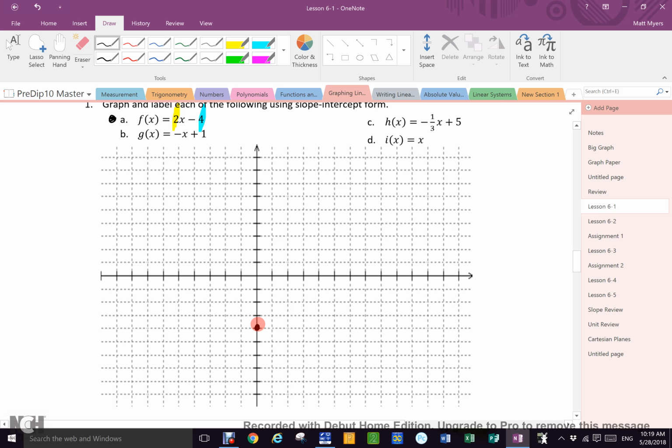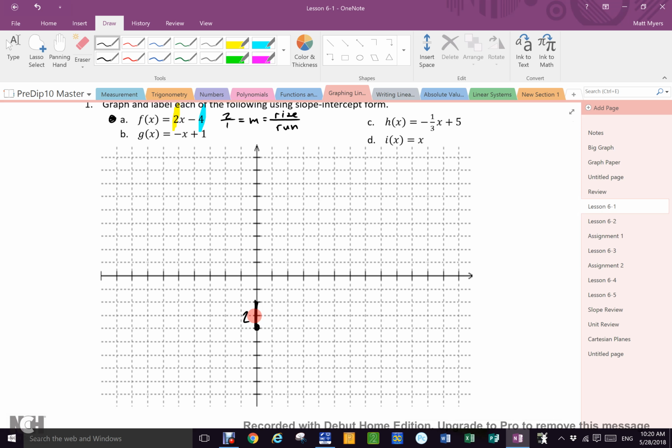How do I know where my next dot is? I know that when I'm in this form, that is my slope, yes? And 2 is really 2 over 1, isn't it? And it's also my slope, which is also my rise over run, correct? How do I do a rise of +2? I go up 1, 2. How do I do a run of +1?